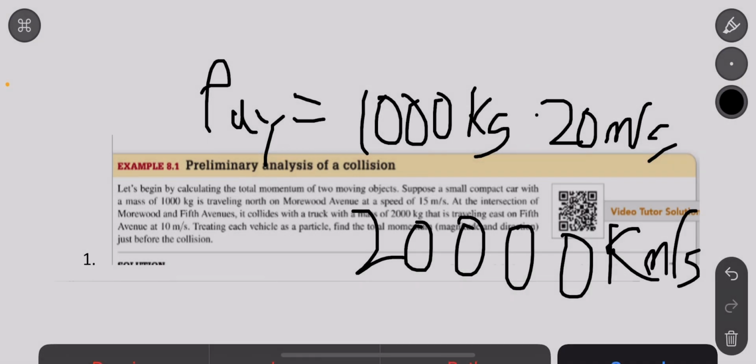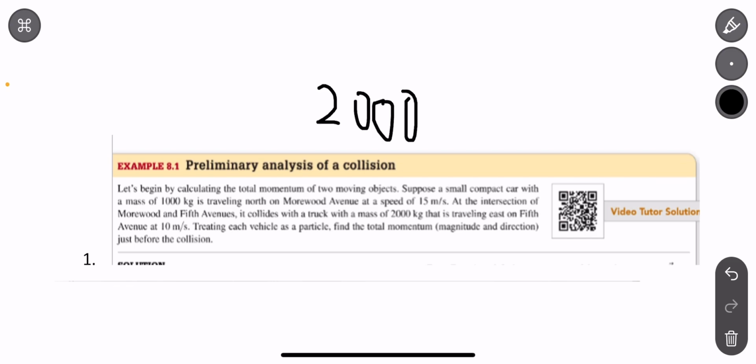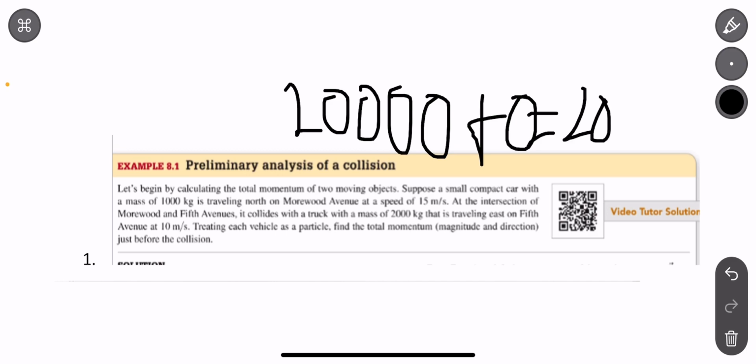After we do that, we do the same equation for MB times VBY, and this time it'll be 0, because the Y velocity this time is 0 from the problem. So it's 2,000 times 0, and we're essentially going back to the original, which is 20,000 plus 0 equals 20,000. Let's just imagine the 20,000 is in kg meters per second.